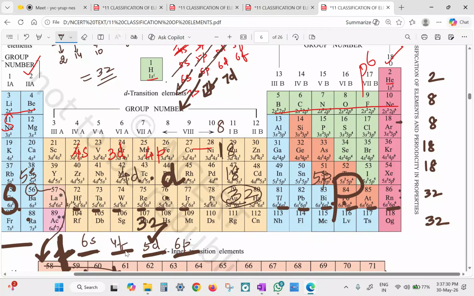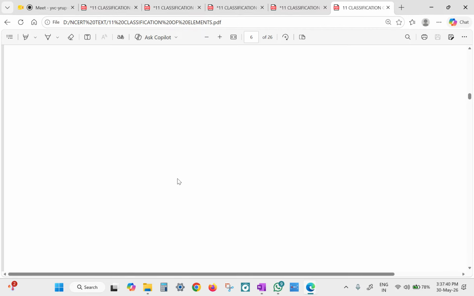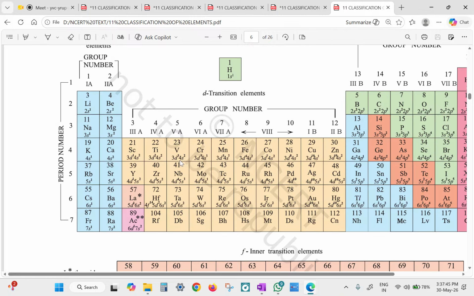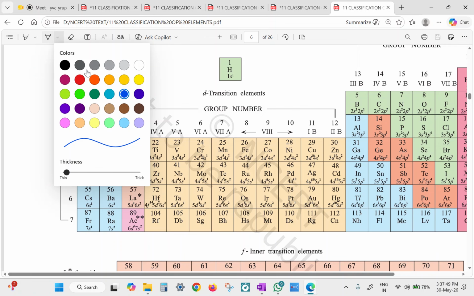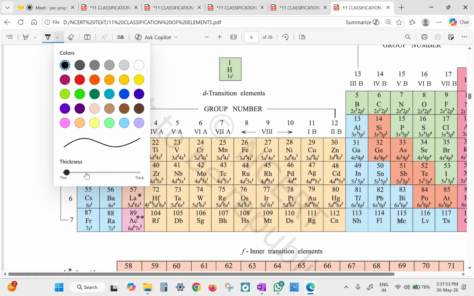No, miss. Okay. So the elements receive electrons in different subshells, and based on that we classify the elements into groups. Groups 1 and 2 receive their electrons in the S subshell, so we call them S block.